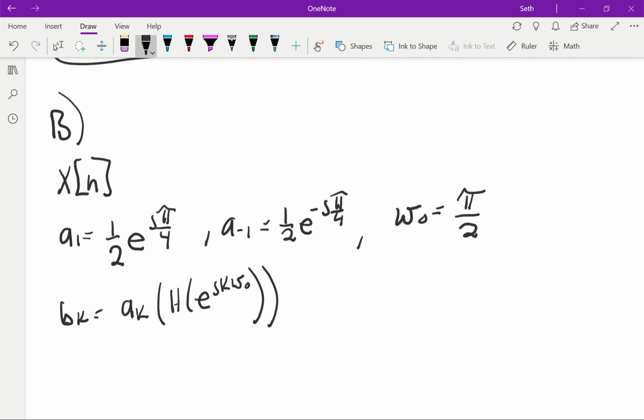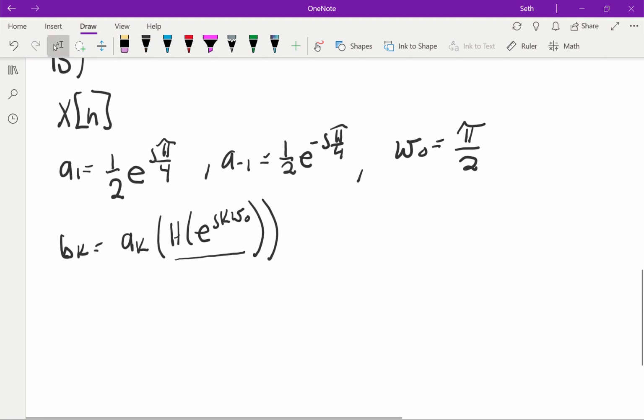And we solved for H of e to the j omega in part A. These A, B, and C are connected questions. They're not unrelated.